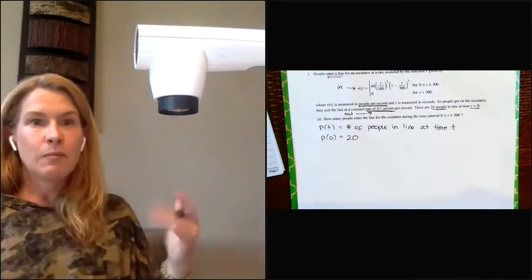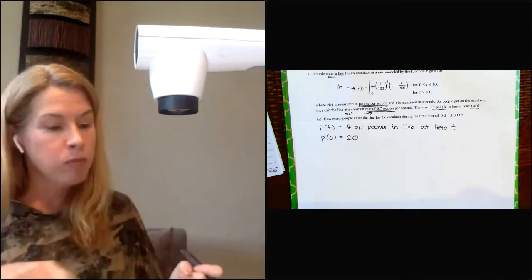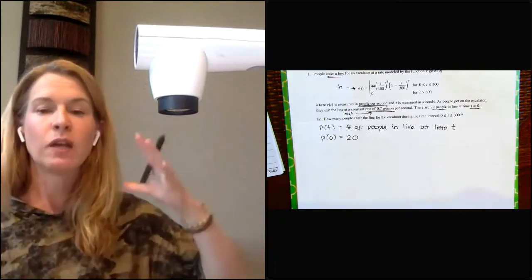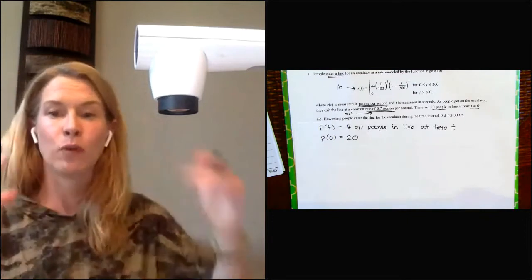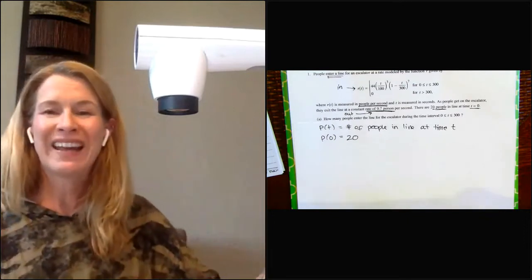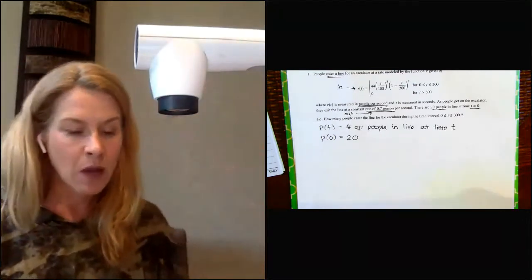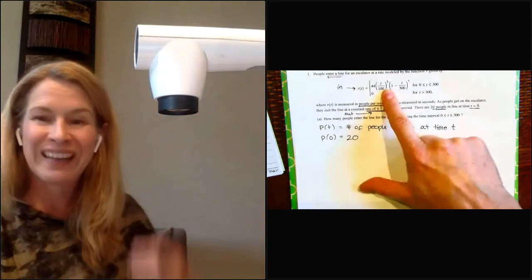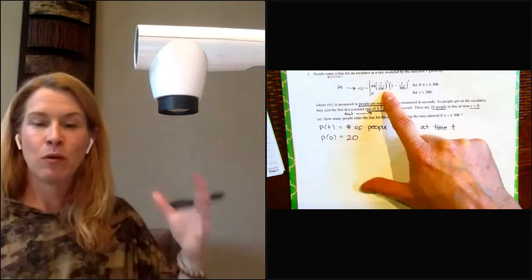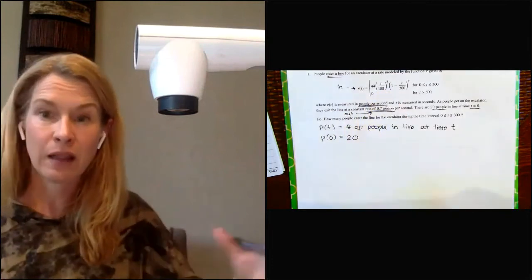A great thing to keep in mind, whether it's a position problem or an in and out type problem: anytime you're given a rate of change, if you integrate that rate of change, you will get a change in amount. So exactly what Daniela said, if we integrate the rate of people getting into the line, we will get the change in the amount of people in that line.